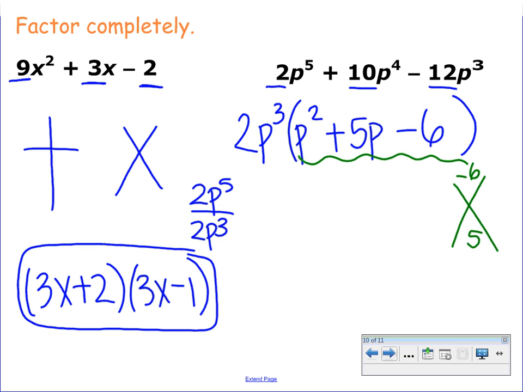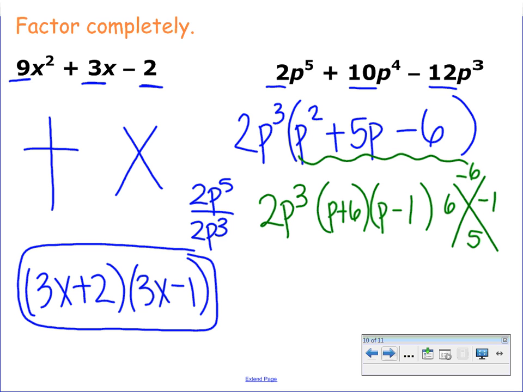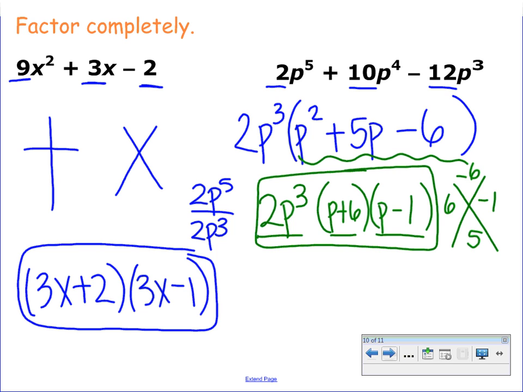This needs to be a 5. So I stop and think, and this is going to have to be 6 and negative 1. When I write out my 2 binomials, I get p plus 6, p minus 1. I need to put my greatest common factor at the front. I look to see, can this be simplified anymore? Nope. Can this? Nope. Can this? Nope. So we are finished.